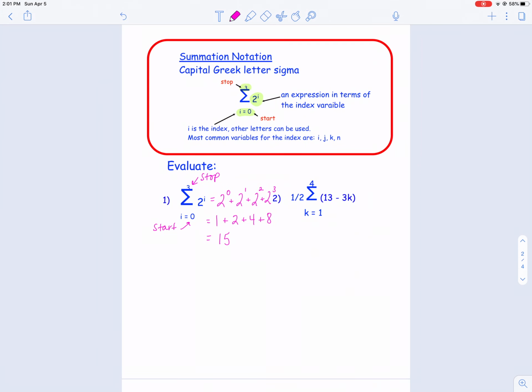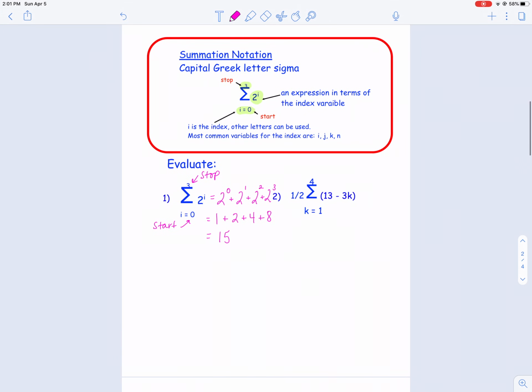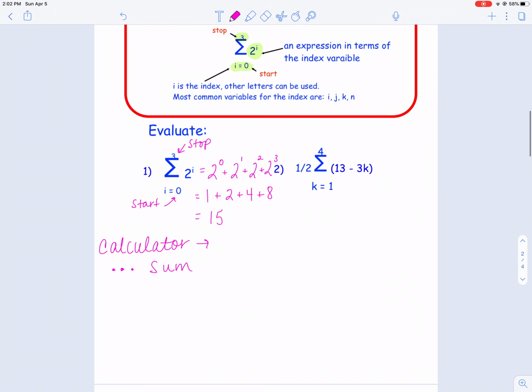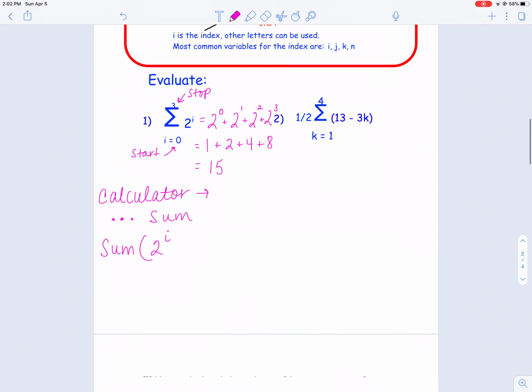So I just want you to write this in your calculator. When you go to the calculator, you are going to click on the 3 dots, and you're going to find the word sum. When you pull that up, it's going to say sum with a parenthesis. The first thing you're going to type in is your expression.